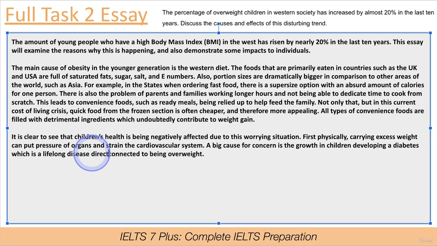It's directly affected, in fact. Okay, so physically, of course, this can put strain on organs and your cardiovascular system, and the fact that this can develop into things such as diabetes is a worry as well.